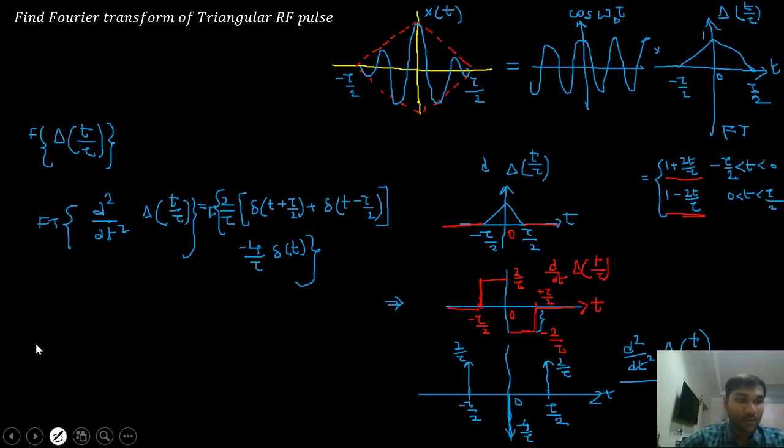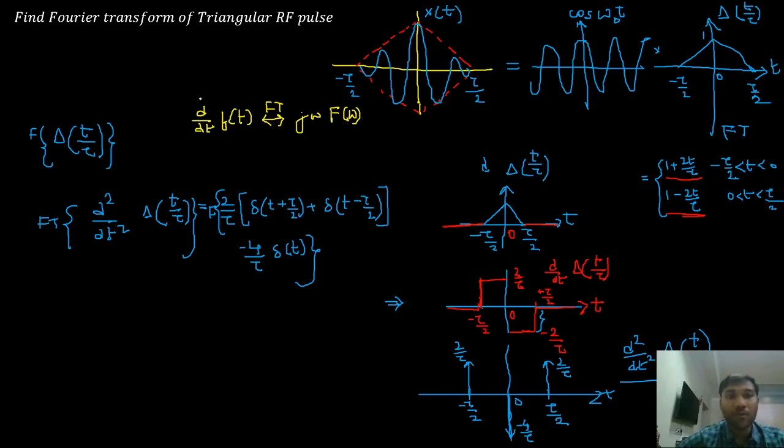According to the differentiation property, what do we have? d by dt of f of t has the Fourier transform j omega into F of omega.